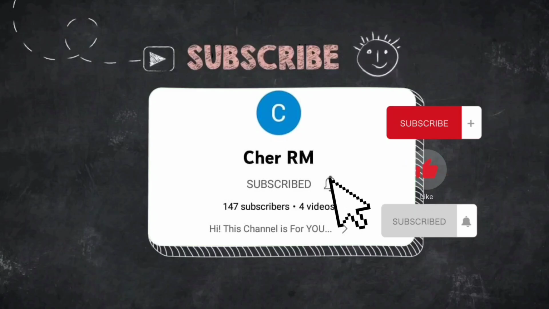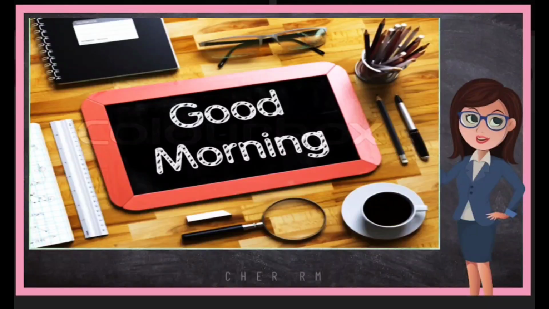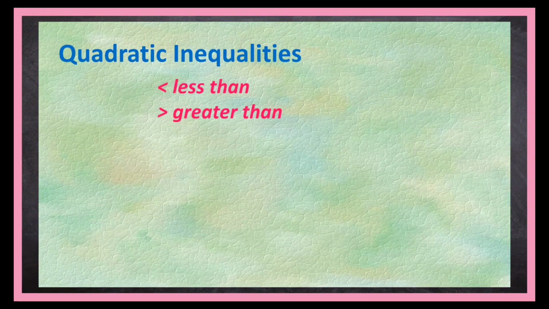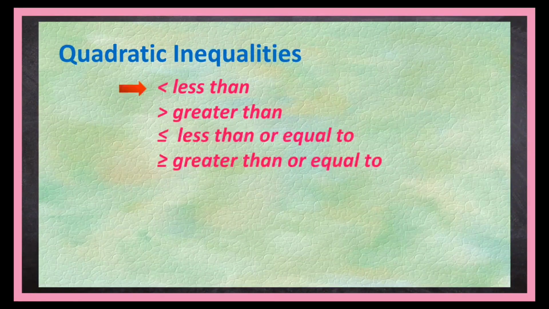Thank you so much. Before we begin our lesson for today, let us familiarize the different inequality symbols. So we have, for quadratic inequalities, less than, greater than, less than or equal to, greater than or equal to.